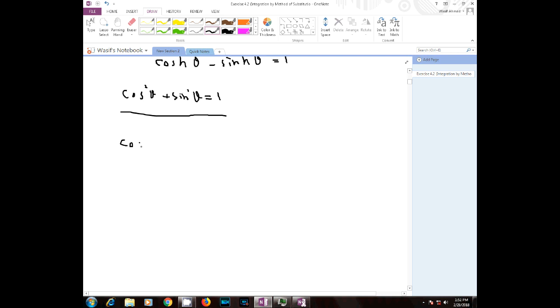Similarly, we have just learned that cos square theta could be written as 1 plus cos 2 theta divided by 2, whereas in hyperbolic functions, cosh square theta is equal to 1 plus cosh 2 theta divided by 2.